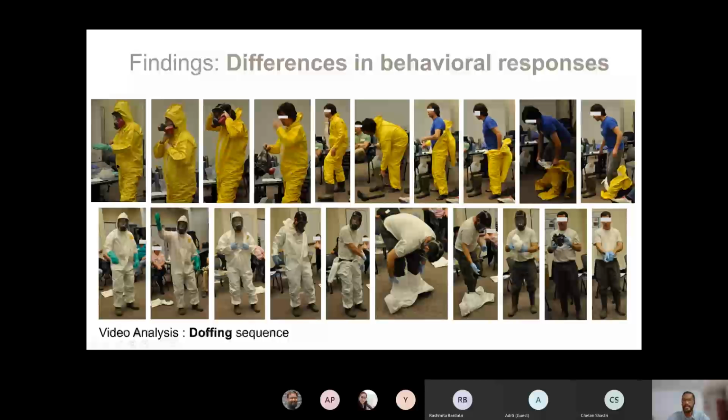So in the first case, you see that the first individual kind of contaminates himself in the first task that he does, as compared to the second individual who is logically doing the right process of the doffing sequence. So these patterns were observed with the first set of pesticide applicators that we worked with.